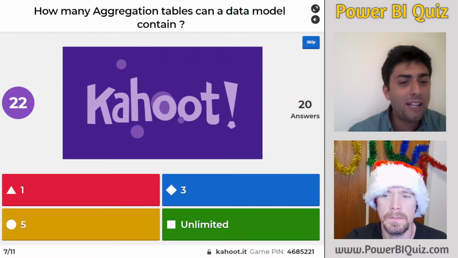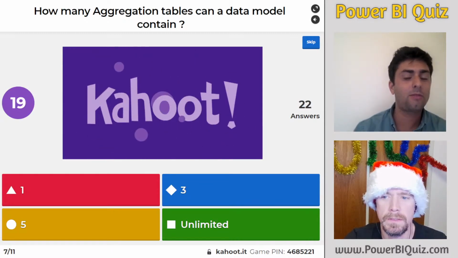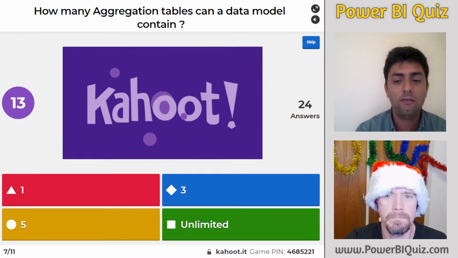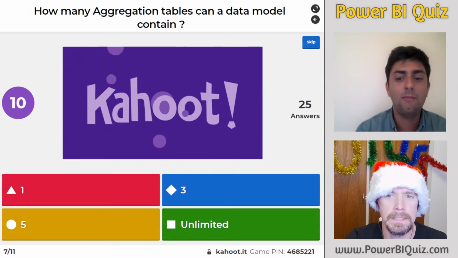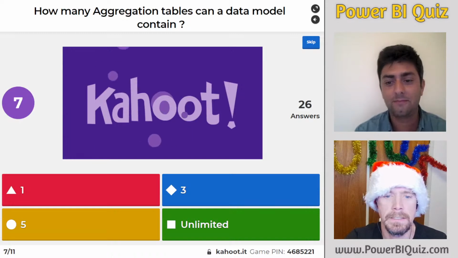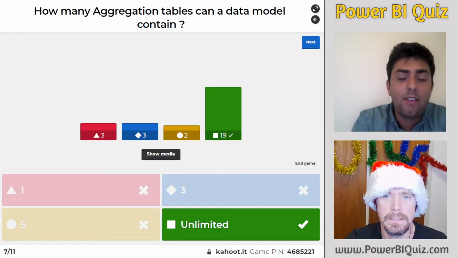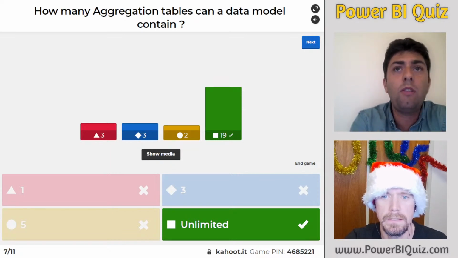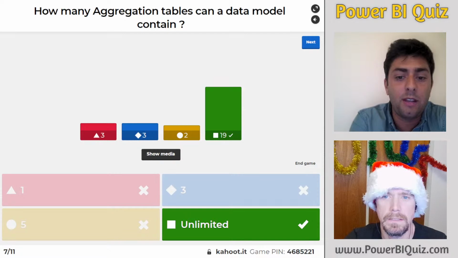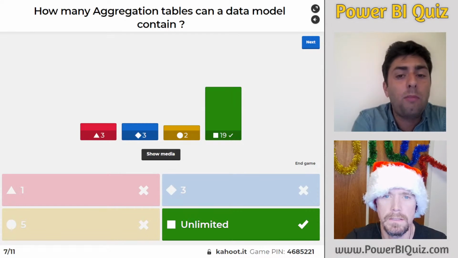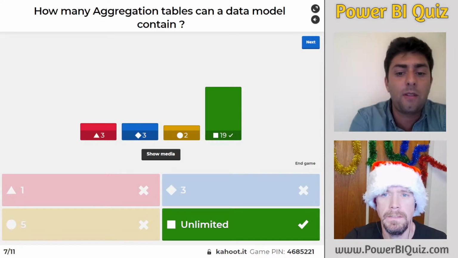So how many aggregated tables or aggregation tables can your Power BI data model have? 1, 3, 5, unlimited? Let's see. Yes. The answer is unlimited. Depending on your requirement, depending on the size of your imported tables, you may choose to store 1, 2, 3. I have built a Power BI Ag model for analyzing the New York taxi dataset, this famous dataset.